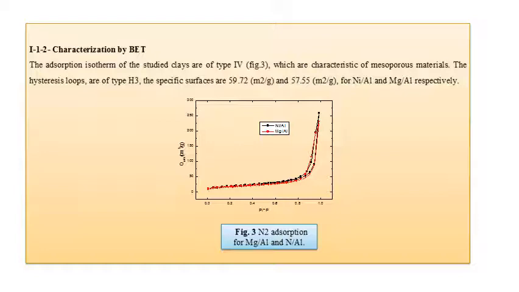The specific surfaces are 58.72 m²/g and 57.55 m²/g for NiAl and MgAl respectively.